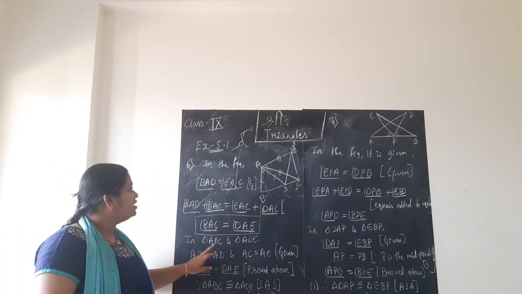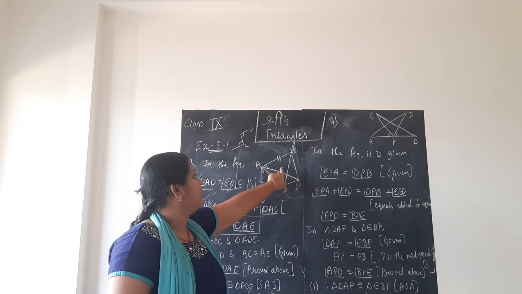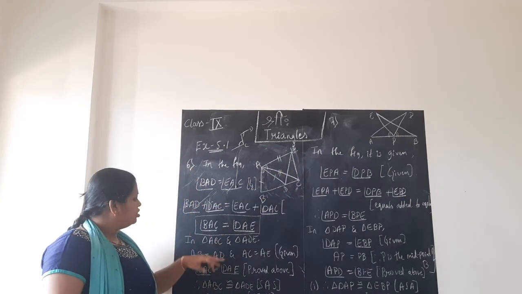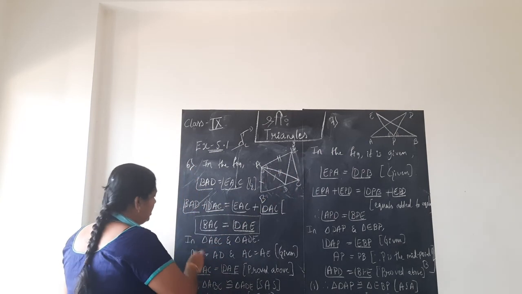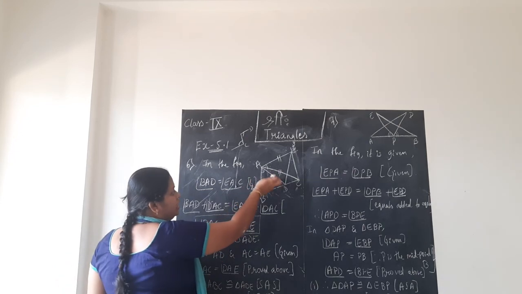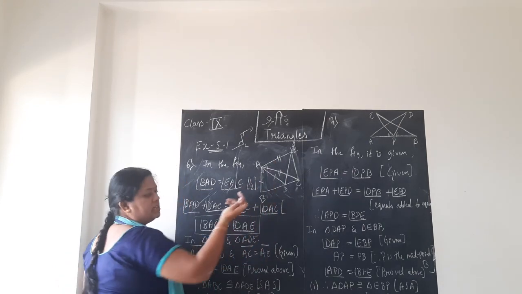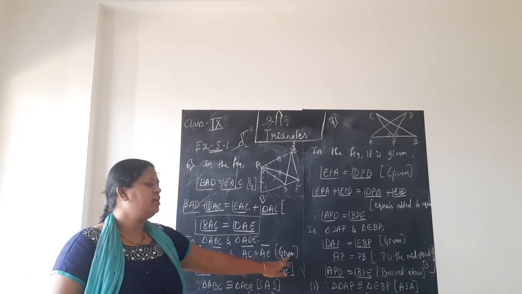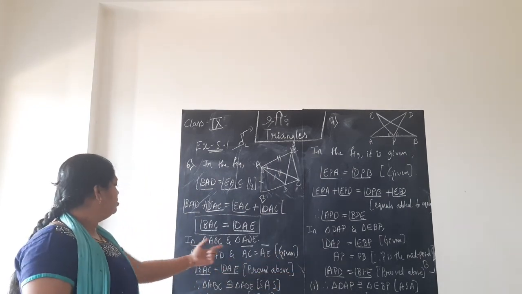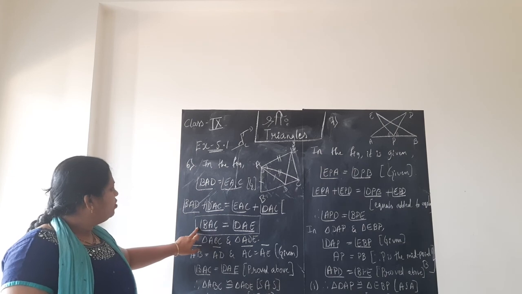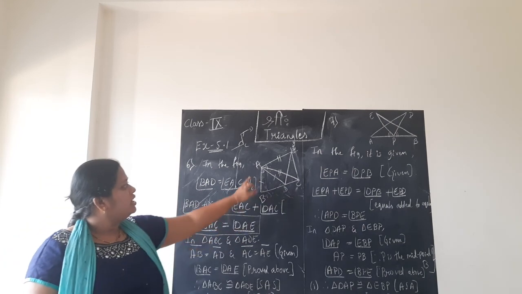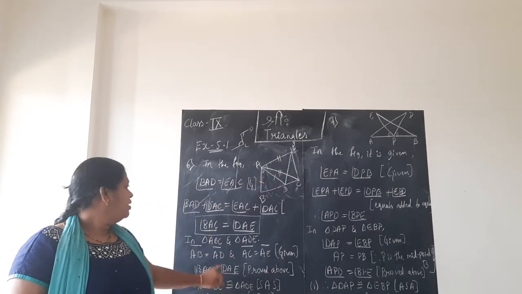Next, children, we are considering triangle ABC and triangle ADE. In those two triangles, side AB is equal to AD. Why? They have given single lines. AC is equal to AE. Double lines they have given, so it is equal. So the reason I will give is given. So two sides we proved. Just now we proved angle BAC is equal to angle DAE, proved above.